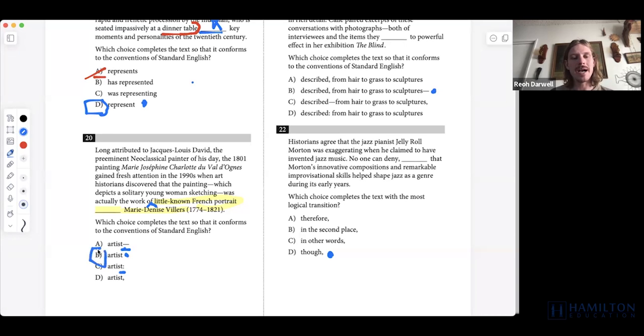But we're lacking that A. Without that A, everything before artist can't stand on its own. We need to go all the way to the period to find something that is able to stand on its own. Why? Because the subject noun is not clarified until we have the whole thing: little known French portrait artist Marie Denise Villers.